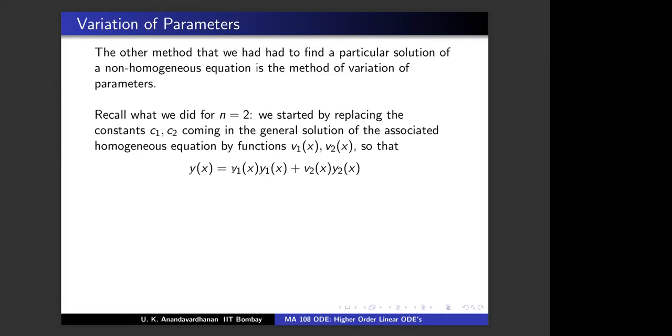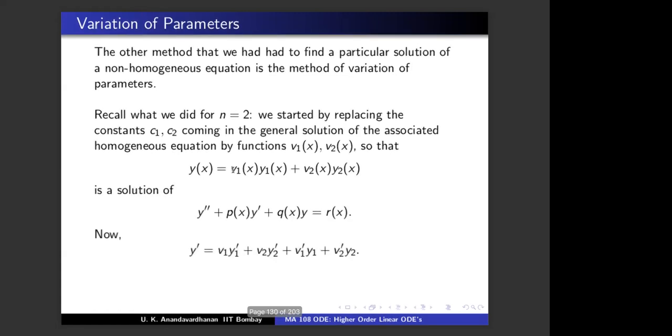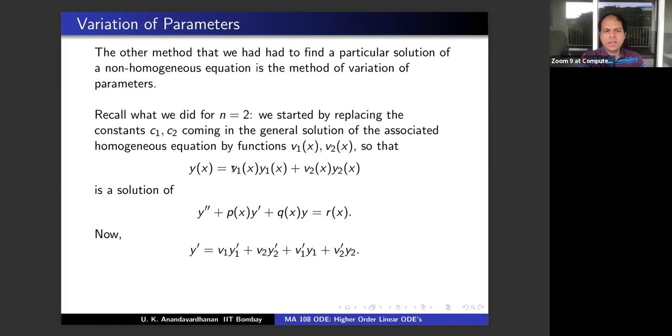When we differentiate, whatever terms are not of the form V1 Y1 prime plus V2 Y2 prime will be equated to 0. And then when we differentiate again. Absolutely correct. If there are n terms here, the derivative will have 2n terms, out of which n terms will be of this form and n terms will be of this form. Which one will you demand to be equal to 0?